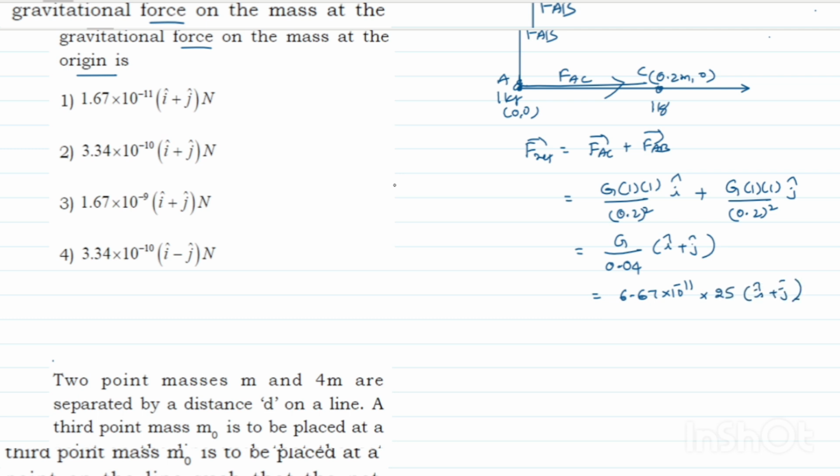When simplifying, the answer is 6.67 into 25, which is 166.75 into 10 power minus 11 into i cap plus j cap. So this is the correct answer.